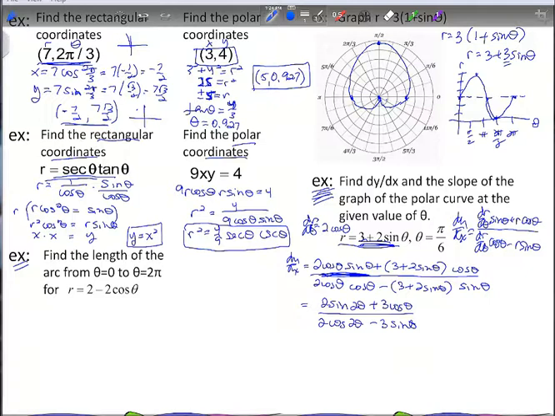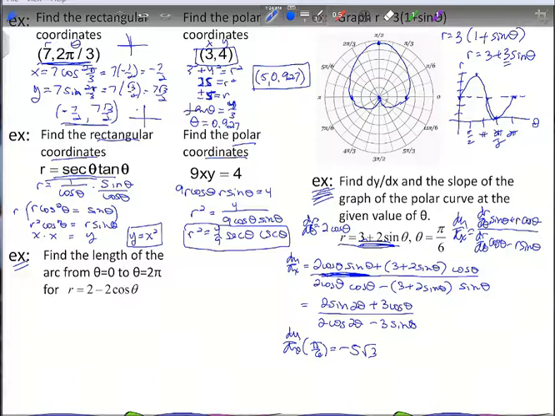I will tell you though, when you've plugged in pi over 6 and you've done your derivative, you're going to get dy/dx at pi over 6 is negative 5 root 3. Now what did that give us? That is giving us the slope of the tangent line to the polar curve at pi over 6. If we were wanting to write the tangent line, we would need this value for our slope. That's what it gives us. Okay, so there's dy/dx for polar.